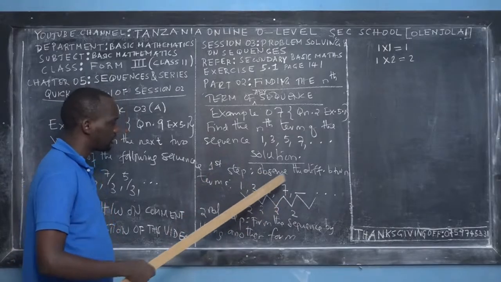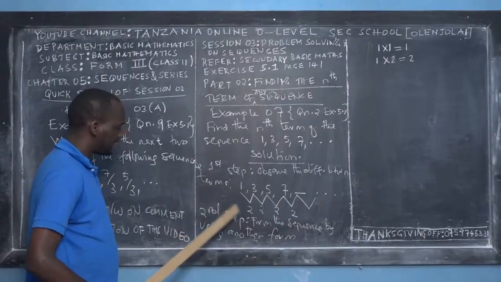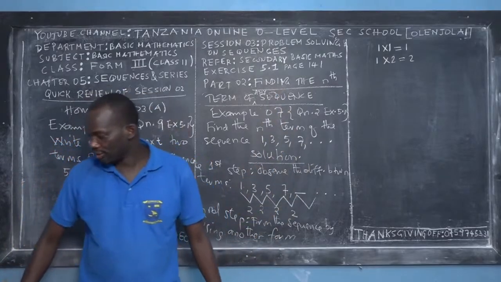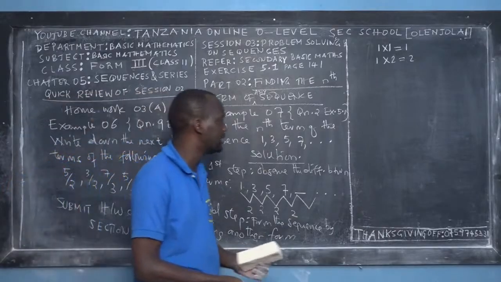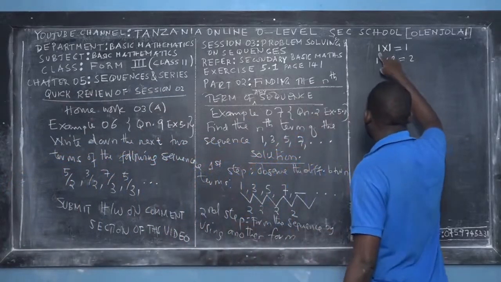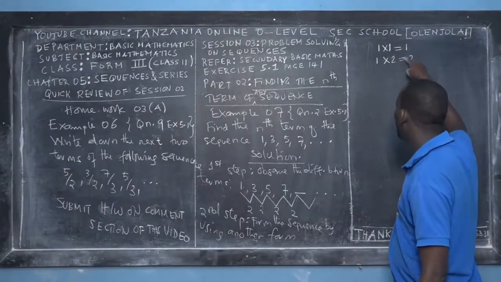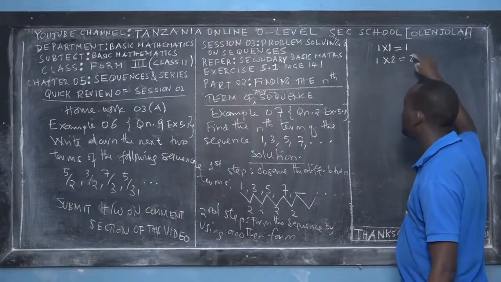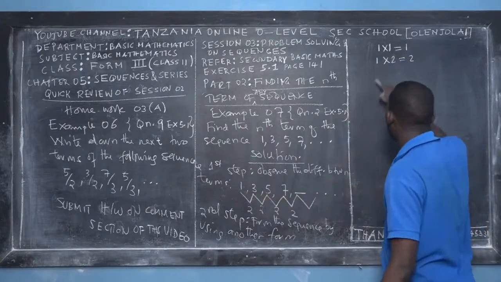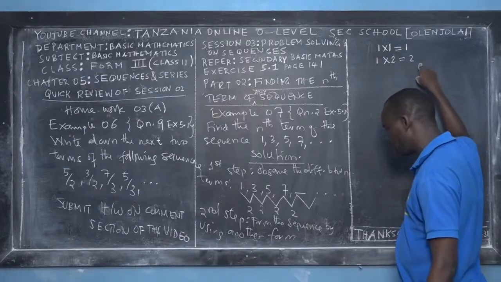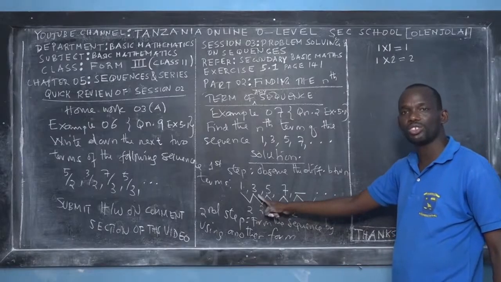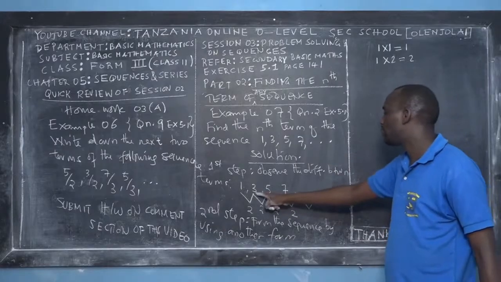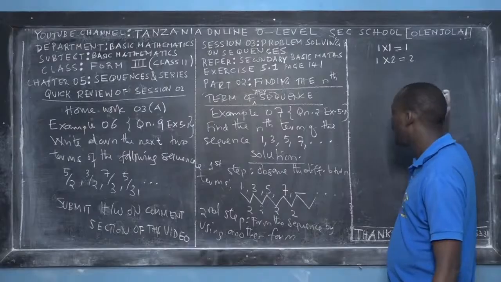The first step, we say, is to observe the difference between them, and then the second step is to form the sequence by using another form. So that's what we are doing. Remember in the previous example, example 6, we tried to think how we can form the terms by using the previous term. The first term here is 1, we took 1 times 1, we get 1. That's the first term. Then we took 1 times 2, we get 2. 2 is not a part of this sequence, so this way will not be helpful.